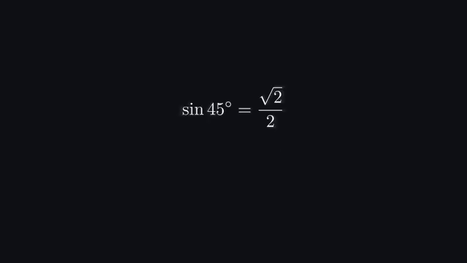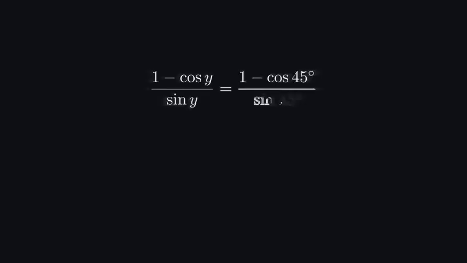Sin of 45 degrees equals the square root of 2 over 2. Cos of 45 degrees equals the square root of 2 over 2. 1 minus cosine of y over sine of y equals 1 minus cosine of 45 degrees over sine of 45 degrees.